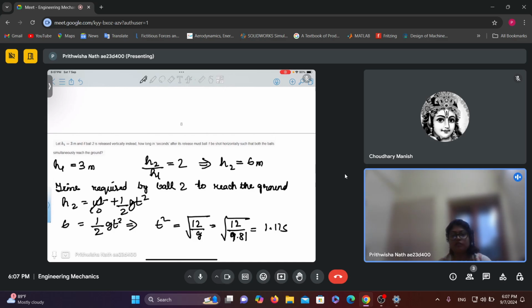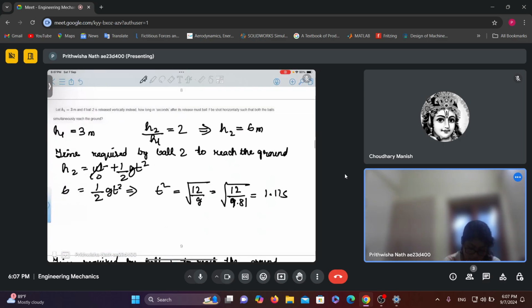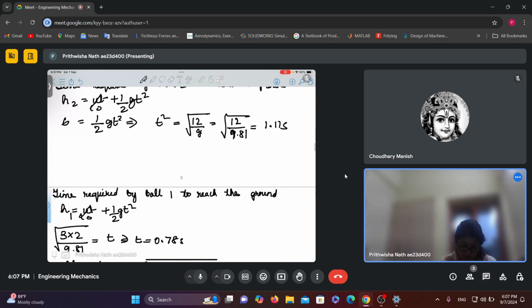Now for the third part of the problem, h1 is given, so from there we can find h2, which is twice of h1, so that is 6 meters. Instead of throwing it horizontally, ball 2 was released vertically, so the initial velocity is 0. From there I get the time as 1.11 seconds.